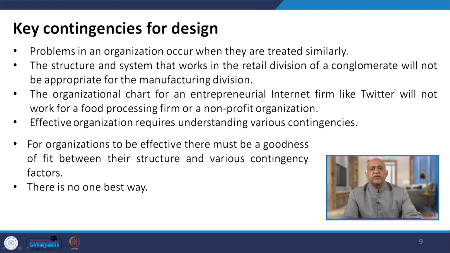So, what are the key contingencies for design? The problems in an organization occur when they are treated similarly. So, do not treat organizations similarly. From my experience of 10 years in industry and 26 years in academia, I would like to say it has to be very much customized.